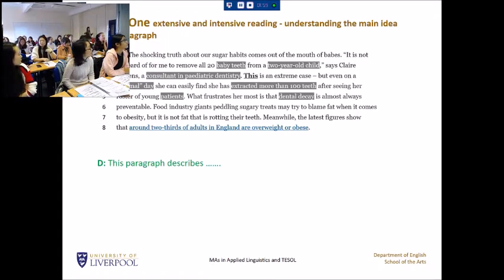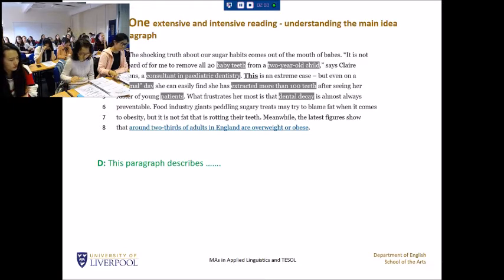So how we can create a matching statement for paragraph 1. In the end, we're going to have lots of different matching statements for the different paragraphs in the test. At the moment, we're working on one matching statement for paragraph 1. Essentially, this will be a paraphrase, but a paraphrase that does not give too much information away.